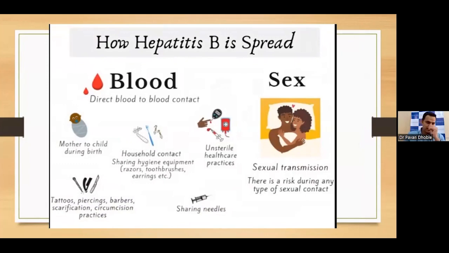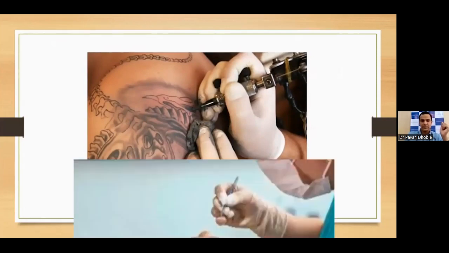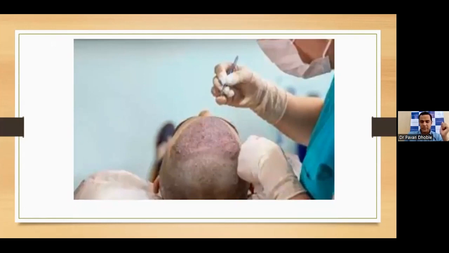Newer methods which I have come across recently: people are coming with hepatitis B and C infections from dialysis units which do not have sterile sets. Tattooing is another newer route, where they use the same needle on multiple subjects. Hair transplants are newer modalities to transmit hepatitis B and C virus because it involves piercing of needles into your scalp and a little bit of bleeding.